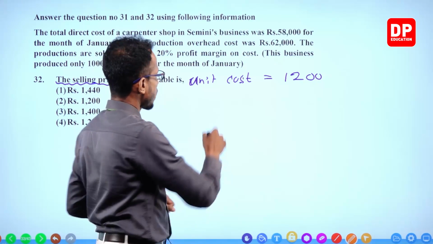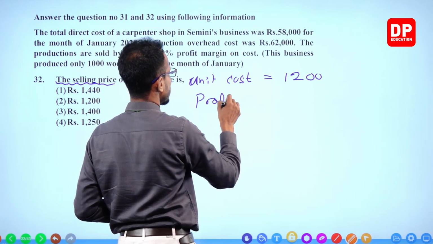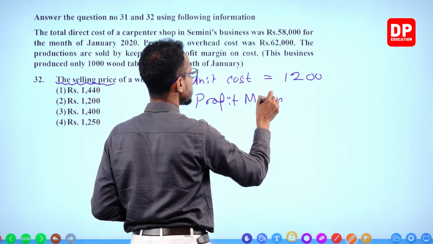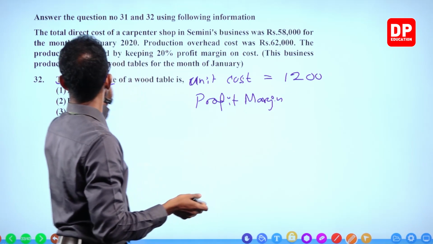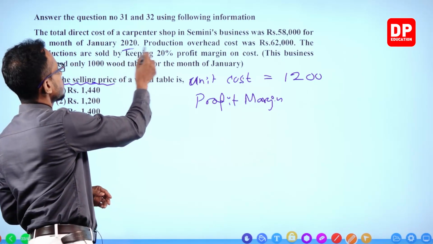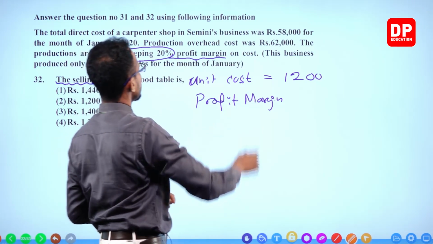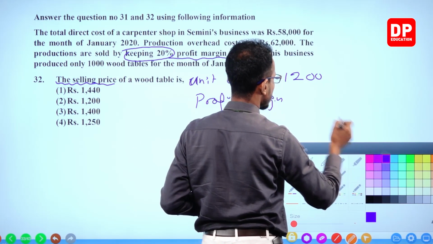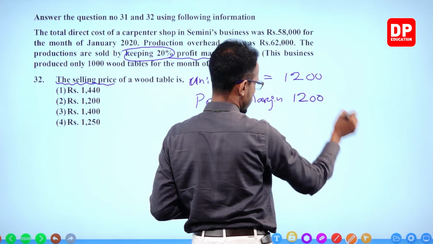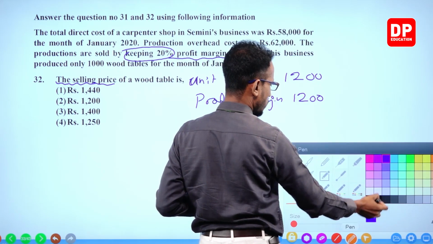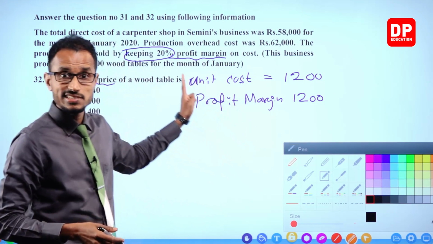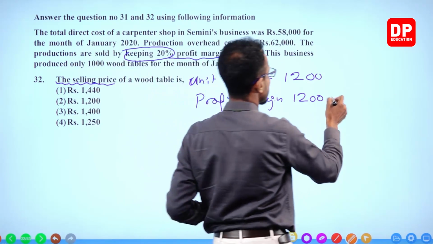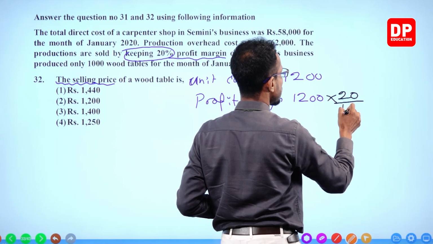First get the profit margin. This is the way. Profit margin should be calculated. What is the profit margin? Profit margin is right here. See, keeping 20% profit margin. So take the unit cost 1200 and put the profit margin as it is given here, 20%, 20 over 100.